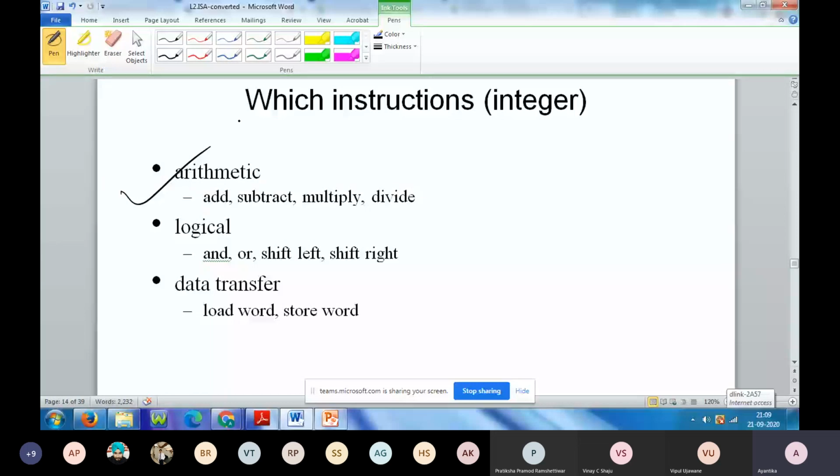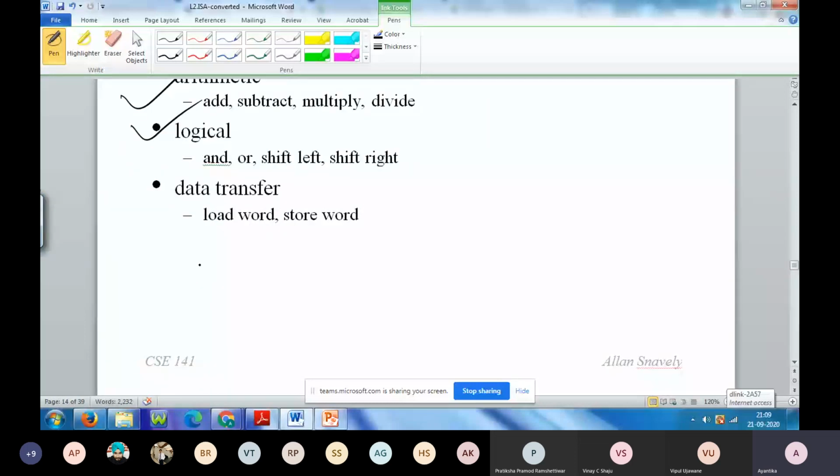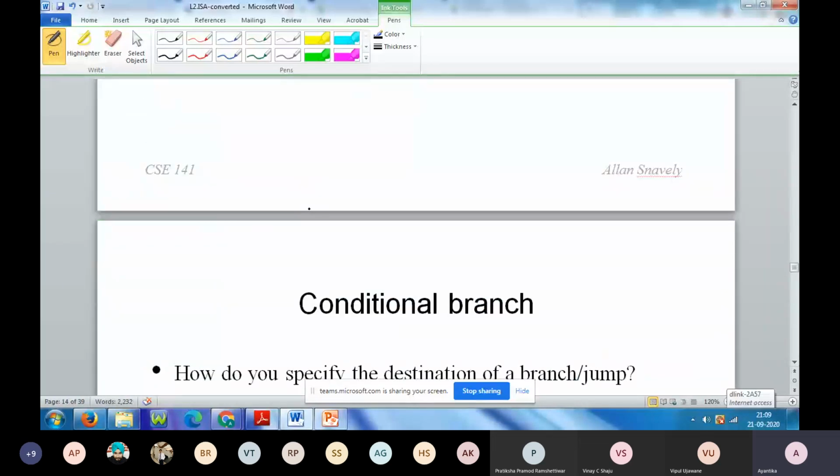Otherwise, that is not possible. Then some logical operations. Then data transfer, which is typically for loading and storing, when you are fetching the data from memory to some register or storing the data back to the memory.